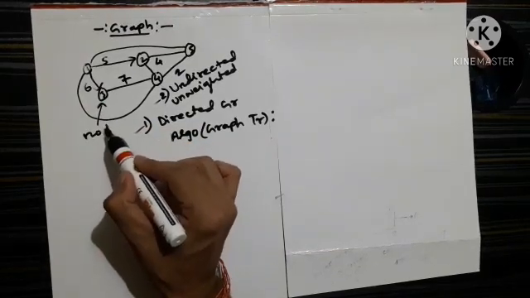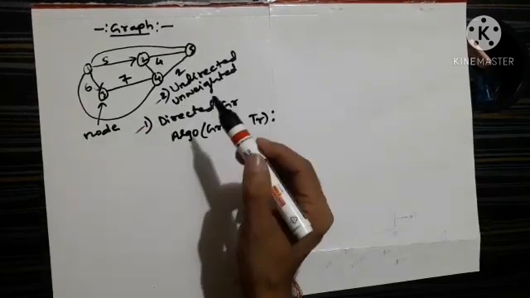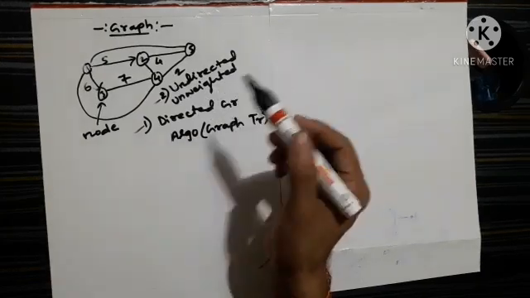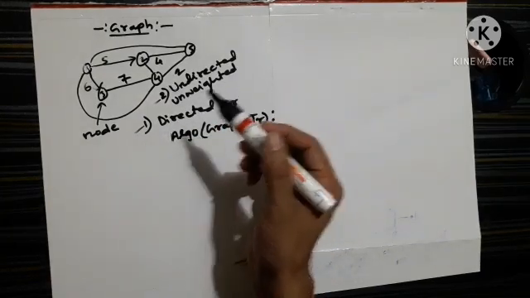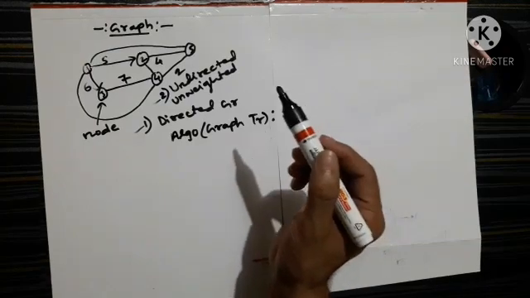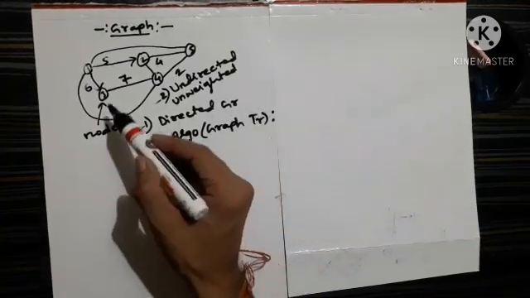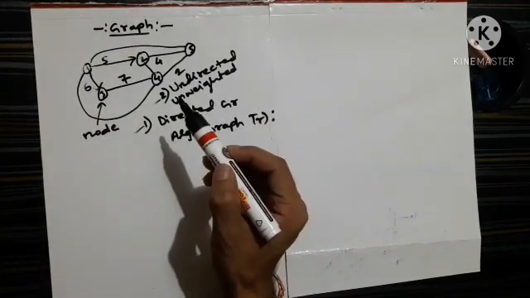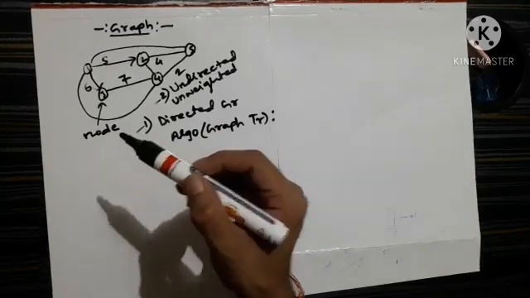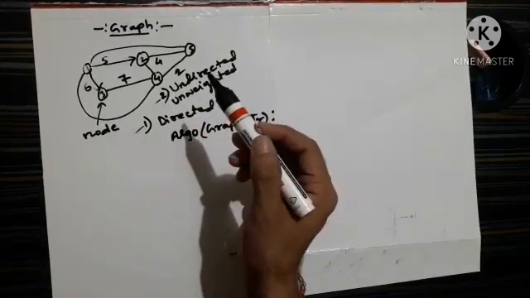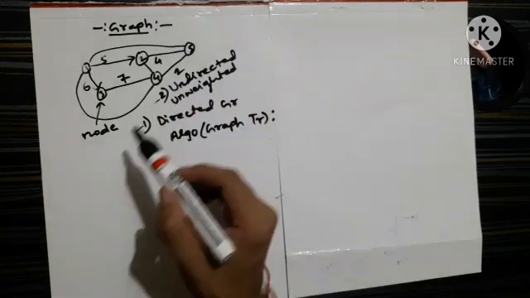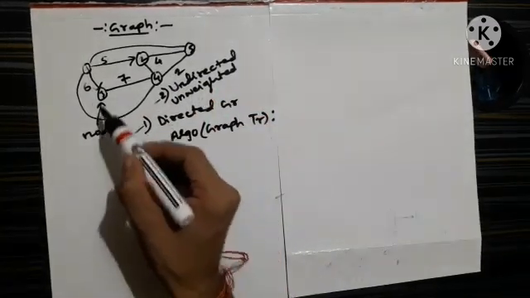In the tree data structure we have discussed in detail what a node is, what children, subchildren, parents, grandparents and leaf nodes are. If you don't know what a node is, then I strongly recommend you go to my tree data structure playlist, watch it, and then come back. So these are called nodes.